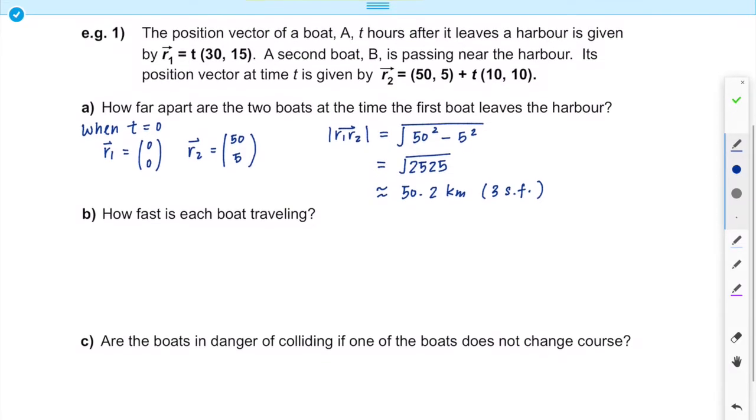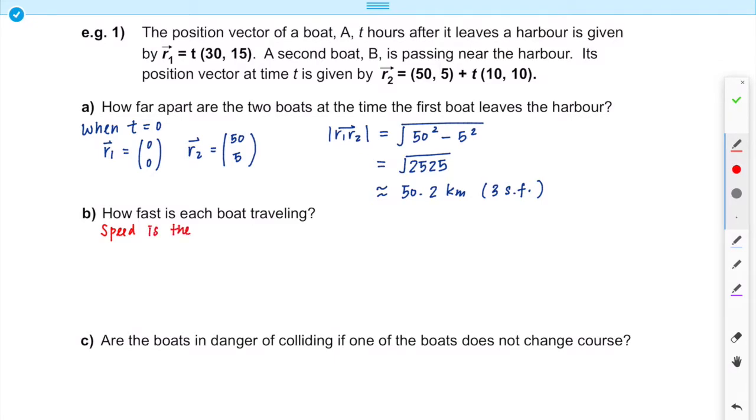Question B. How fast is each boat traveling? Well, how fast means speed, and speed, like we know from before, is the magnitude of velocity. Having said that, we need to identify the velocity vector from each equation of the boat.